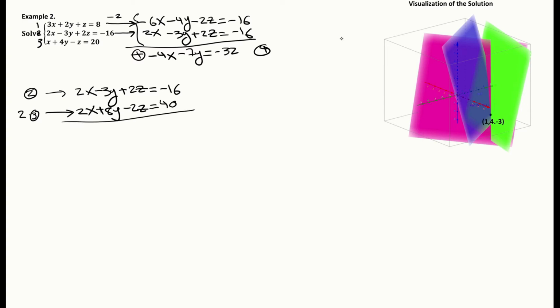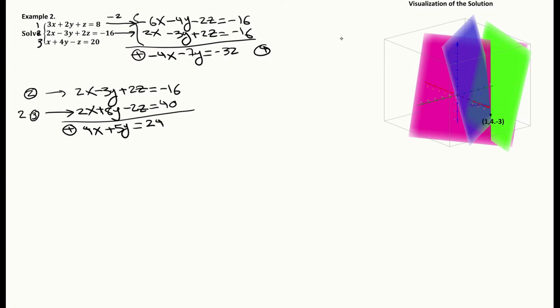So we go ahead and add the two equations again, and we end up with 4x plus 5y equals 24.